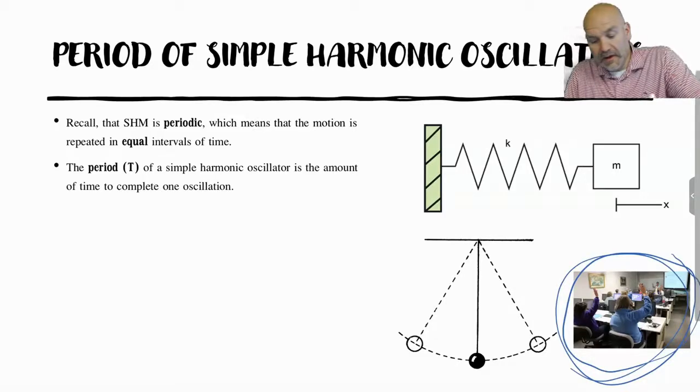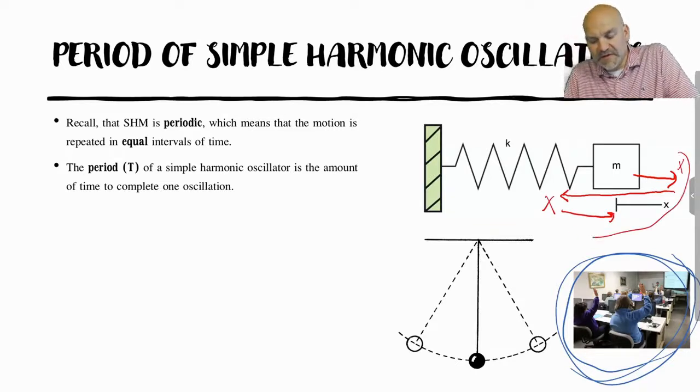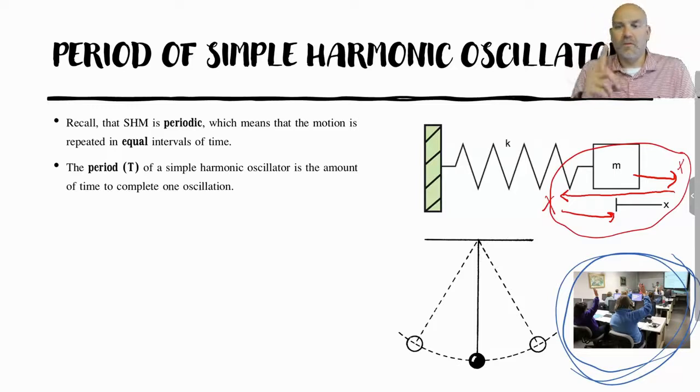For a spring, it would be out to a maximum displacement or maximum amplitude, back past the equilibrium point, and then back to the equilibrium. The time it took to do this motion would be one period. For a pendulum, I pull it back to this position and release it.